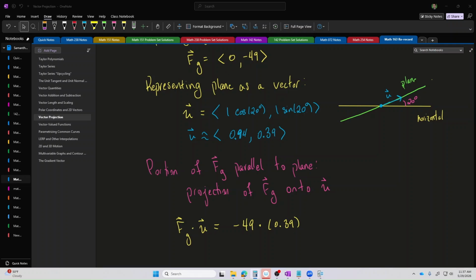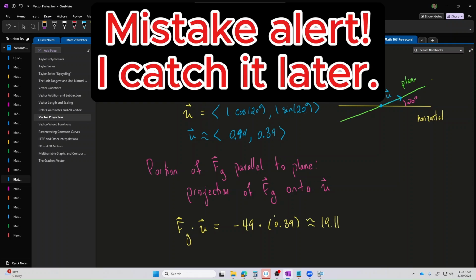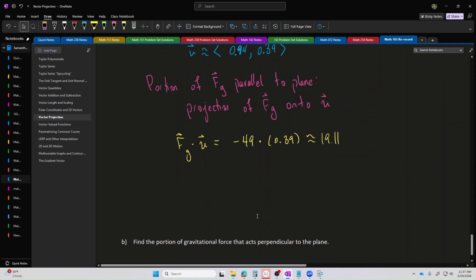That's roughly speaking 19.11 units. The squared length of U is going to be just 1 because we manufactured U to be a unit vector.